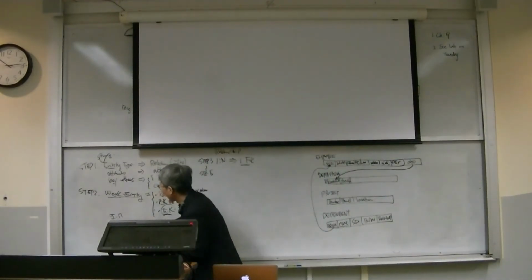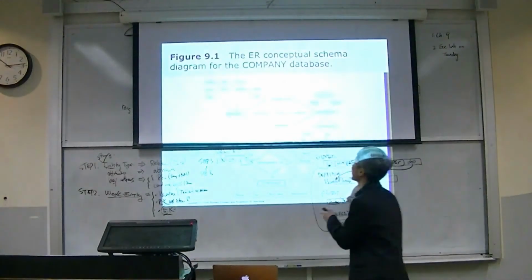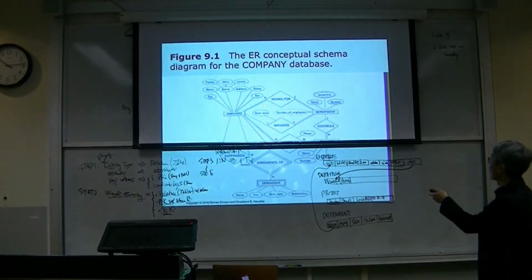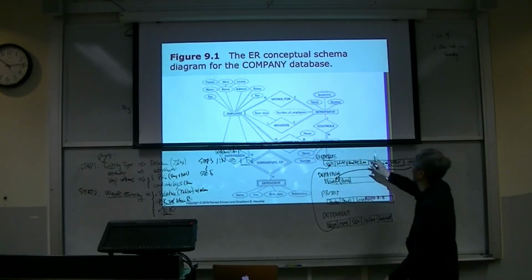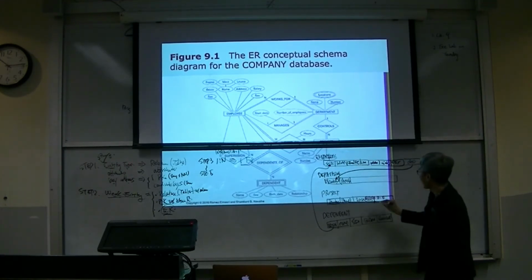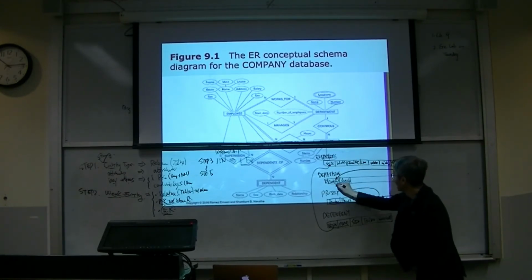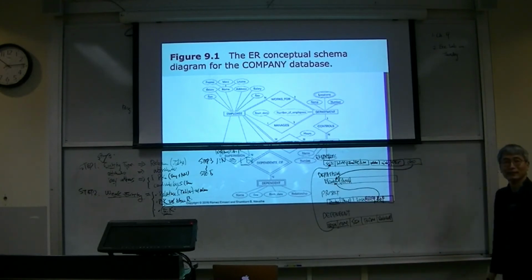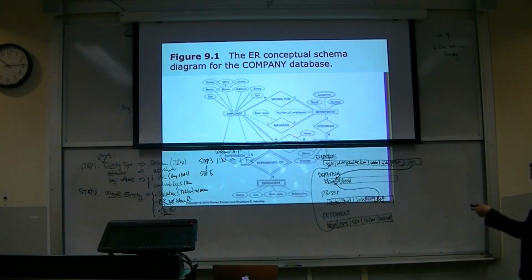What else? From this example, one-to-many works for, so we create a foreign key. This one is one-to-many, right? So department controls the project. So the project has the controlling department, so this one goes to this one. What else? This supervisor is one-to-many.